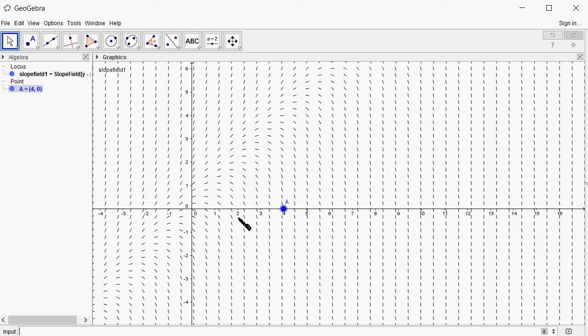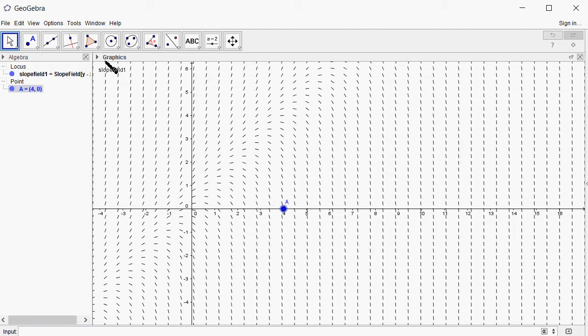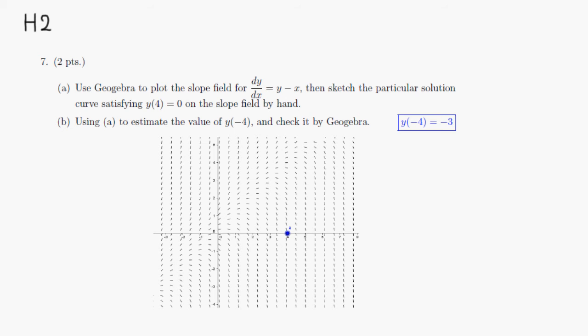Let's see. I'm going to take a picture of this so that I can draw on it. Hold on a sec. I'm going to draw a picture by hand. We're going to have to go through here. You can see that the flow is kind of going like this.